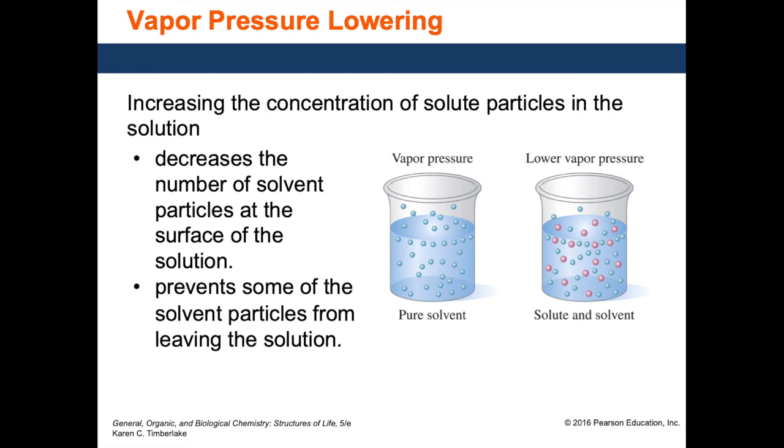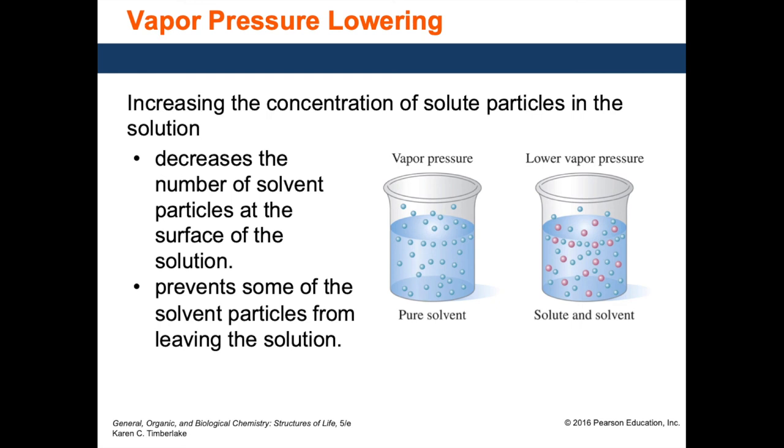For example, when you look at a solution that has a dissolved solute, the vapor pressure for that solution is going to be lower than the vapor pressure of a pure solvent. You could think of the solute particles as clinging on to the solvent molecules, preventing them from escaping as a vapor.